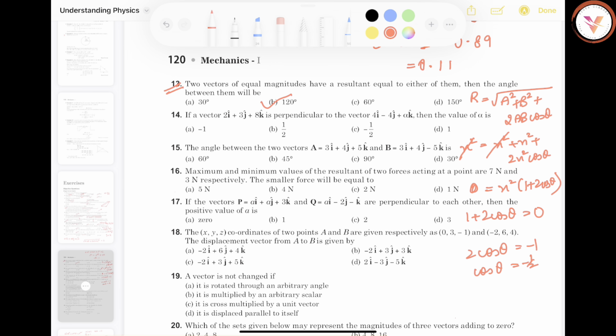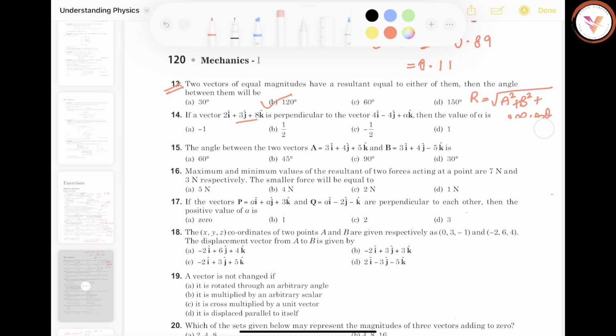Next, if a vector this is perpendicular to this, the value of alpha. Now for the perpendicular, you can take a dot product, and that dot product is equal to 0, because if both the vectors are perpendicular, then the angle is 90 degree. Then A dot B is equal to AB cos theta, because theta is 90 here, this term goes to 0.